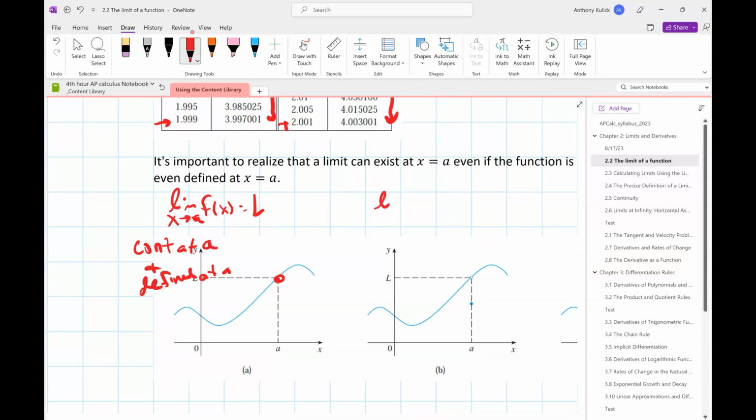So here, again, the limit as x approaches a of f of x is L, but f of a is not L. So this is a situation where we are discontinuous at a, but we're still defined at a, right? I can still evaluate f of a.